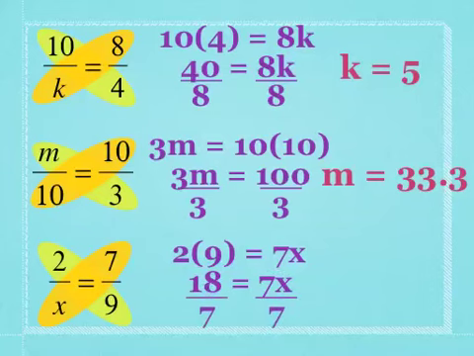And the answer to this problem is going to be x equals 2.6. 18 divided by 7 is not exactly 2.6. I believe it's actually 2.57 if I'm correct. But I'm going to go ahead and round my answers to the nearest tenth. So that's where the 0.6 comes from.